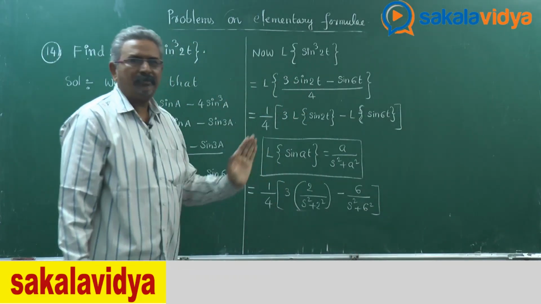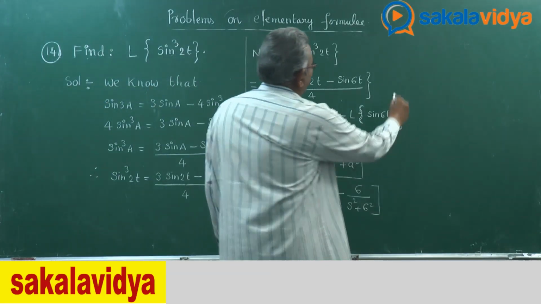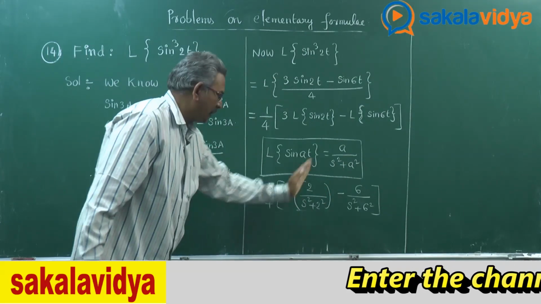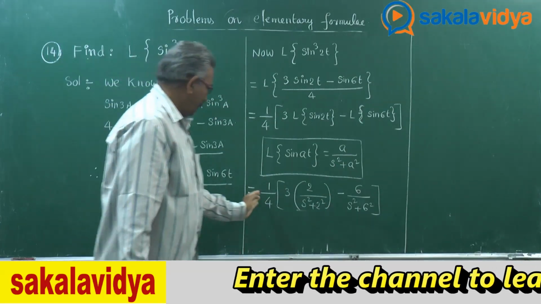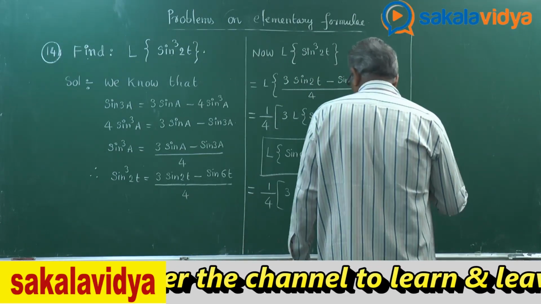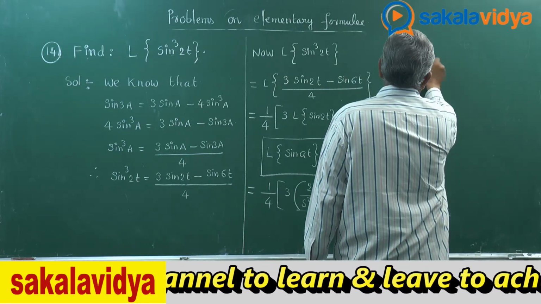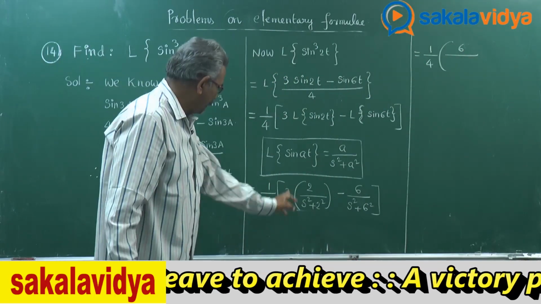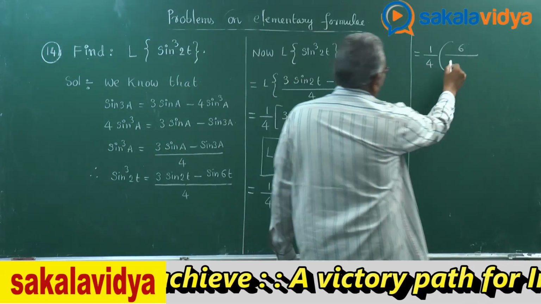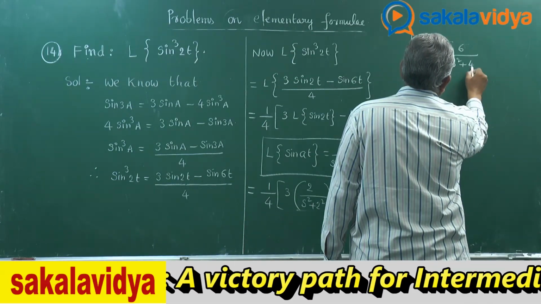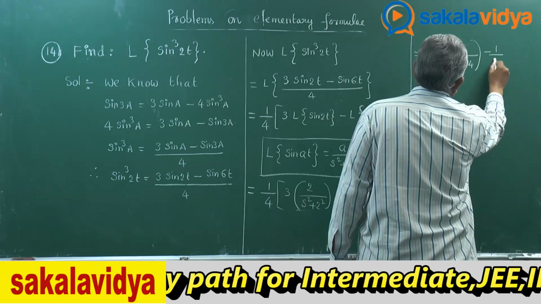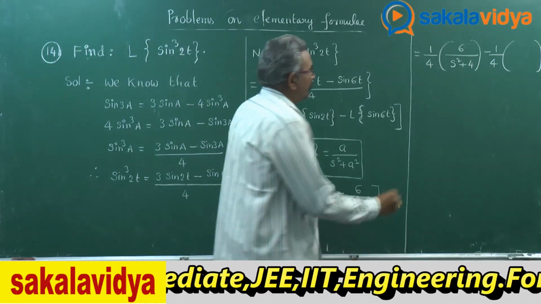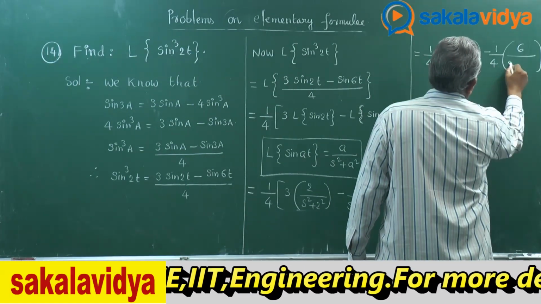So now we need to simplify it. We need to distribute 1 by 4 to the first term as well as to the second term. So this will be 1 by 4 times 6 divided by s square plus 4, because 3 into 2 is 6, and minus 1 by 4 times 6 divided by s square plus 36.